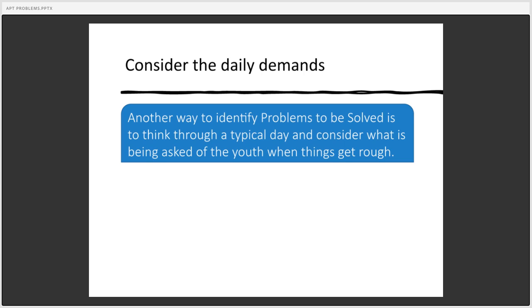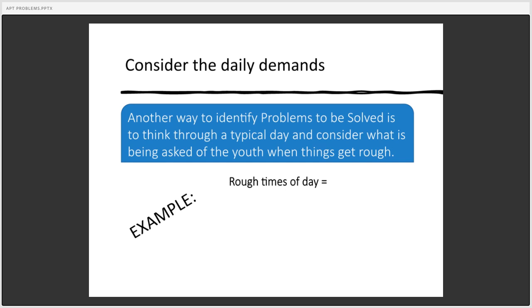Another way to identify the problems to be solved is to go through a typical day from wake up to bedtime and consider what are the expectations, what are the daily tasks, what's the routine, and when do things get rough for this kid, right? Consider the daily demands. And so, again, some examples.